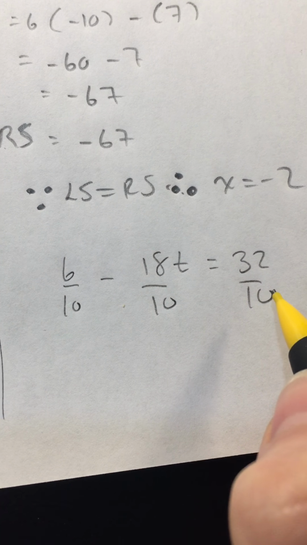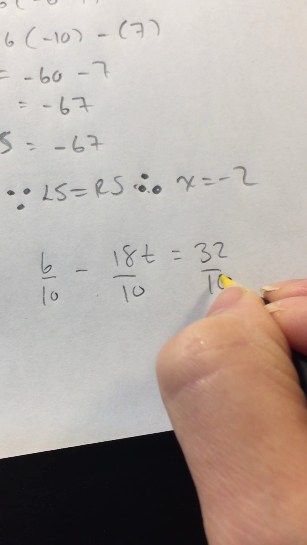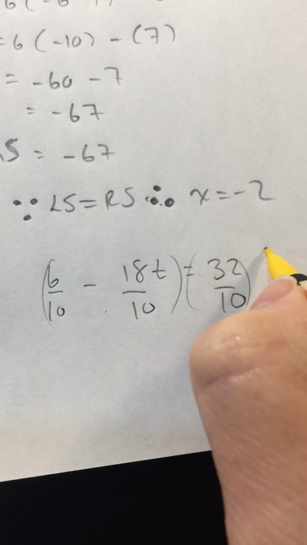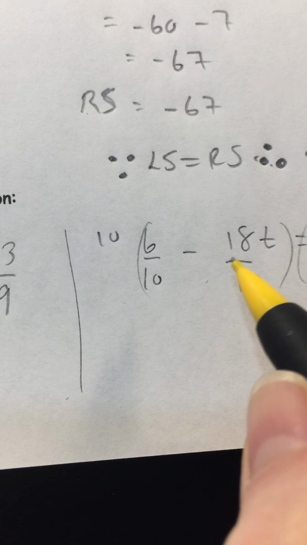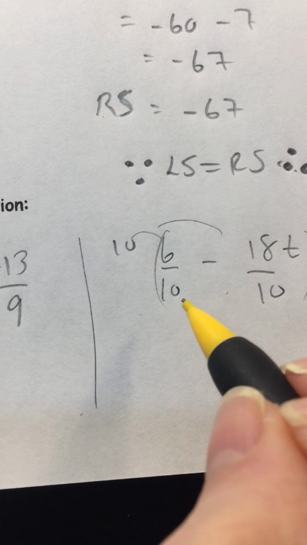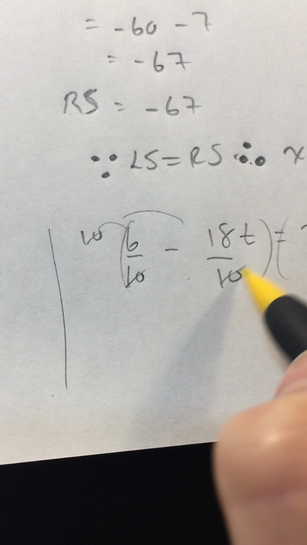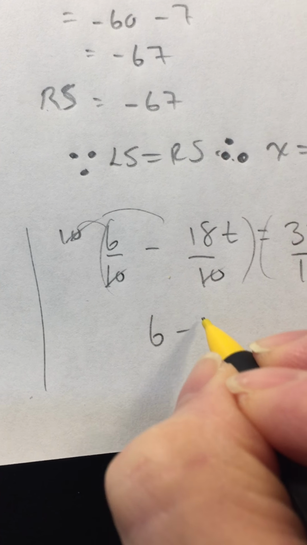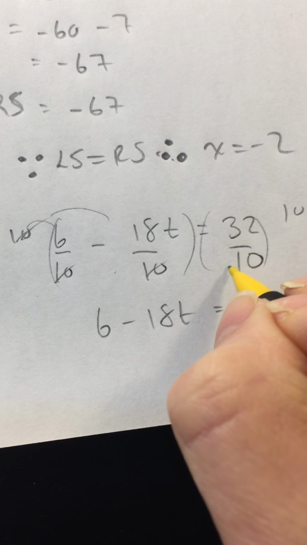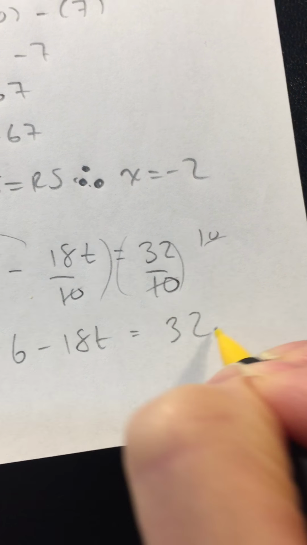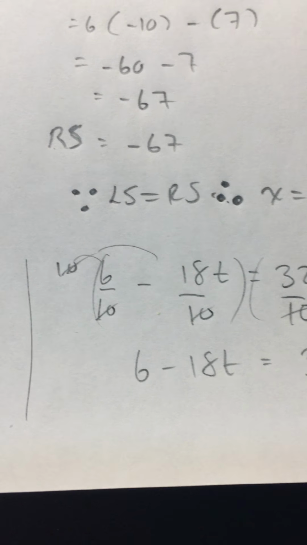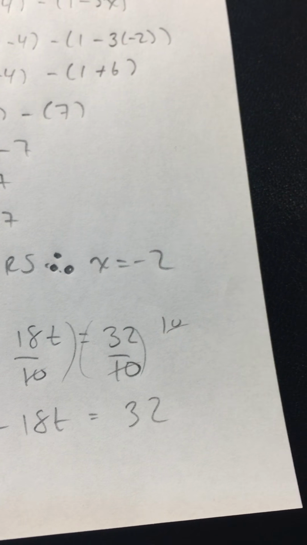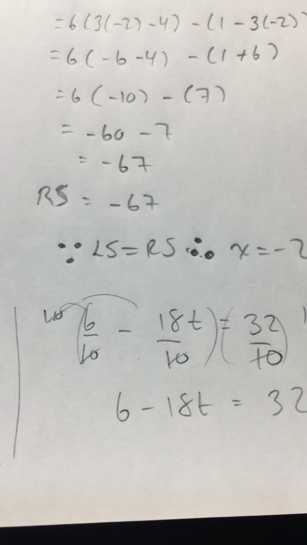And now you can see they're all divided by 10. If I were to multiply both sides by 10, which is the same thing I did over there, you could see that when you distribute on this side, the 10s would cancel and that 10 would cancel, leaving you 6 minus 18t, and these 10s would cancel 32, which is exactly the same thing we just did. And that's what you're going to be learning next day in solving equations with fractions.